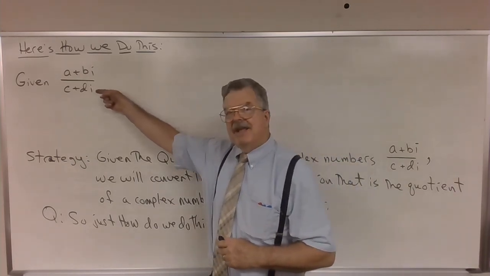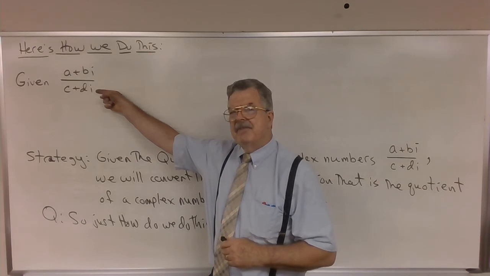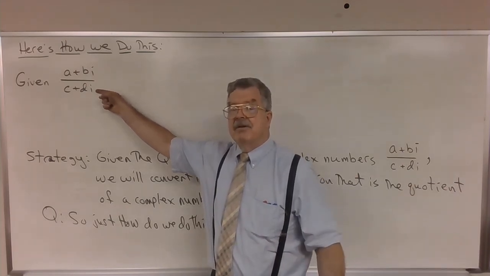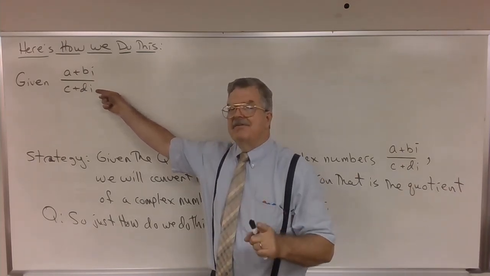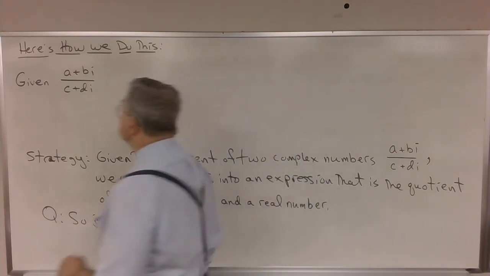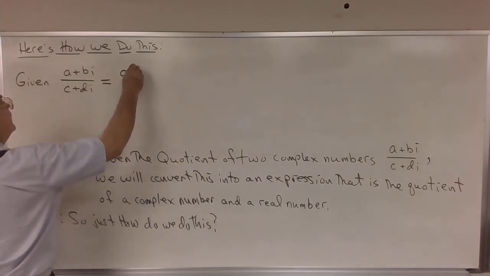I have to take this piece of junk in the bottom, this complex number in the denominator, and multiply it by its own conjugate to turn the denominator into a real number. And I know how to divide complex numbers by a real number. So that's my strategy.